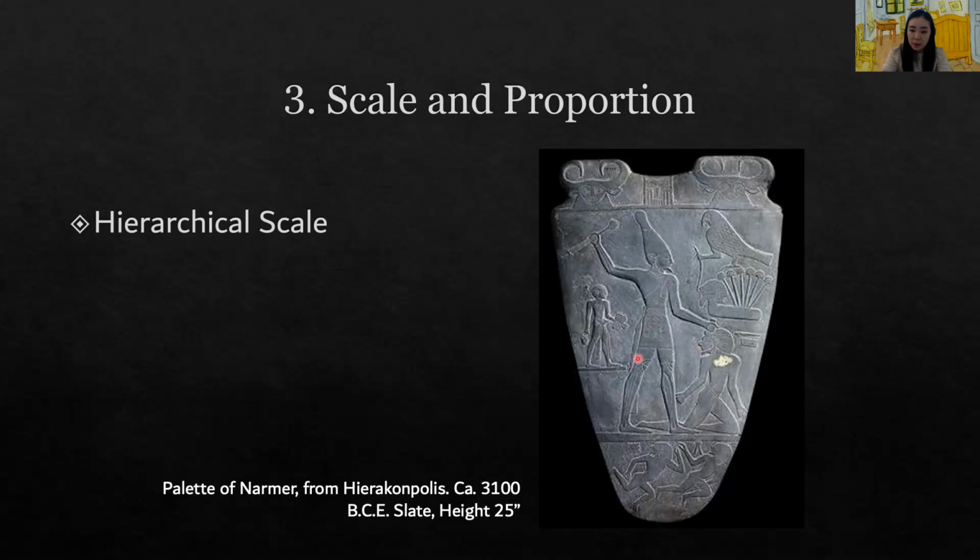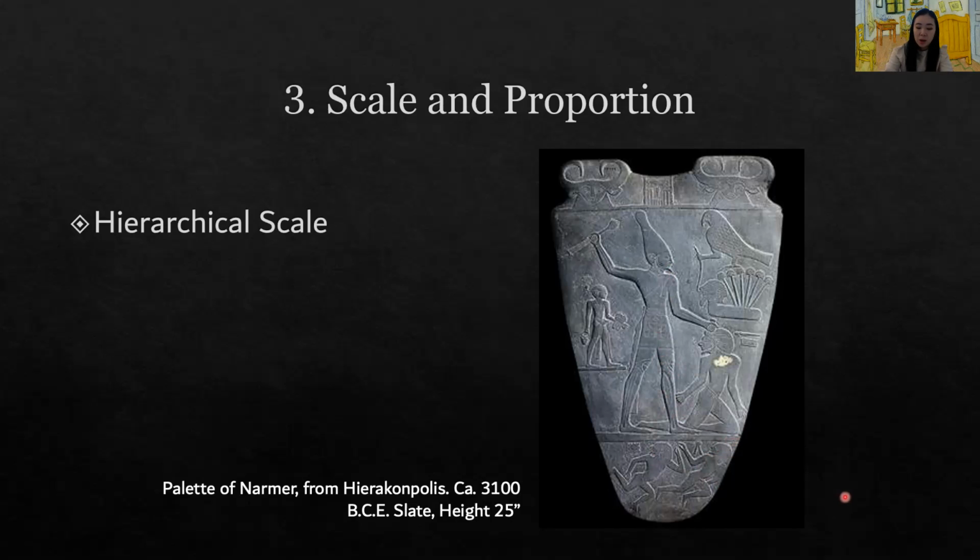The legs are in profile, but his eye is front again. This same pose recurs throughout most two-dimensional art in Egypt. We're going to see it in detail when you learn about ancient Egyptian art.